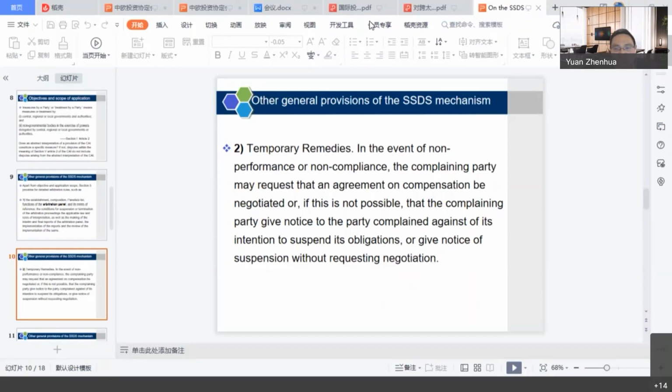And the second, the last one, is the relationship between SSDS and the ISDS mechanism, okay? Because the parties have agreed to constitute negotiation on the mechanism and aim to complete within 2 years.